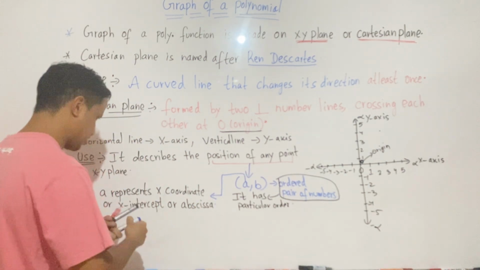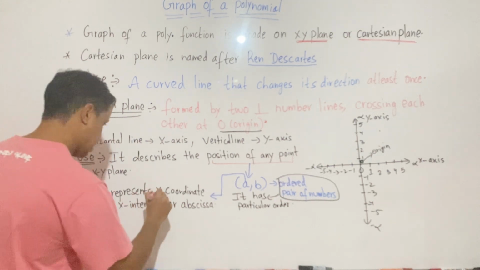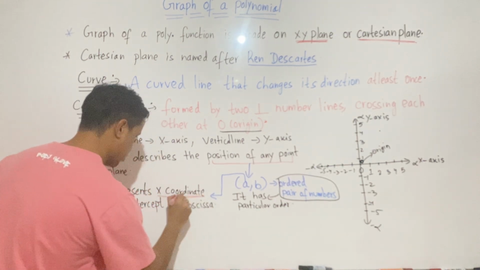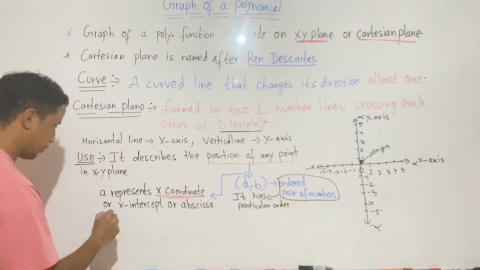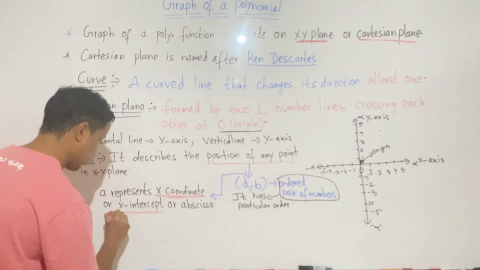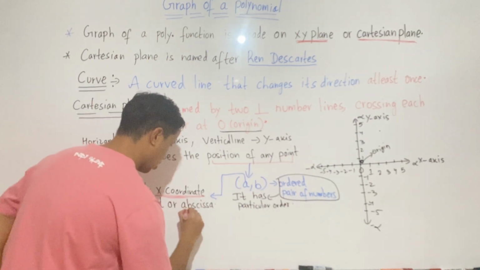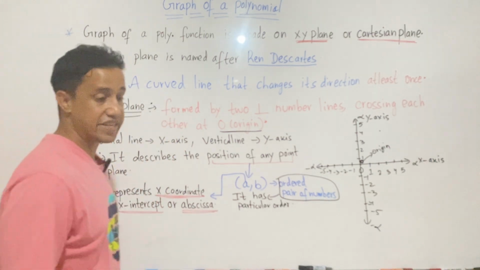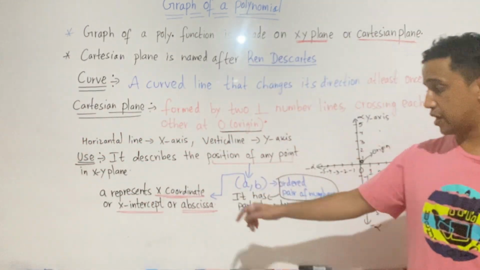Whenever you see an ordered pair of numbers, the first number represents your x coordinate, or you can call it x-intercept, or abscissa.